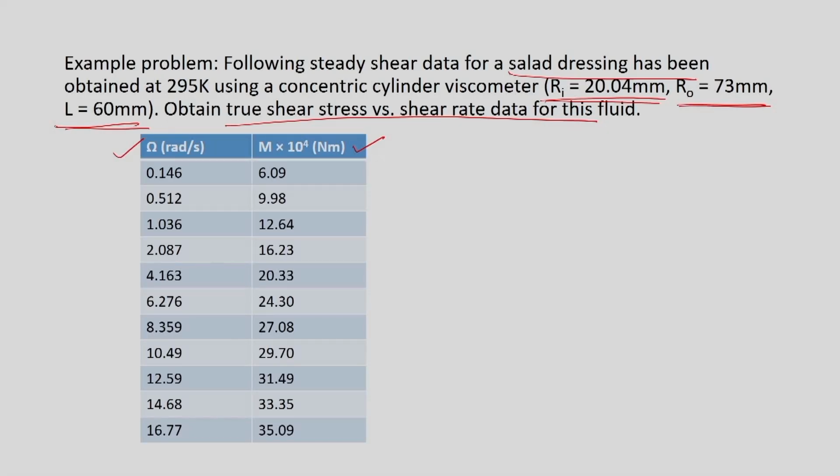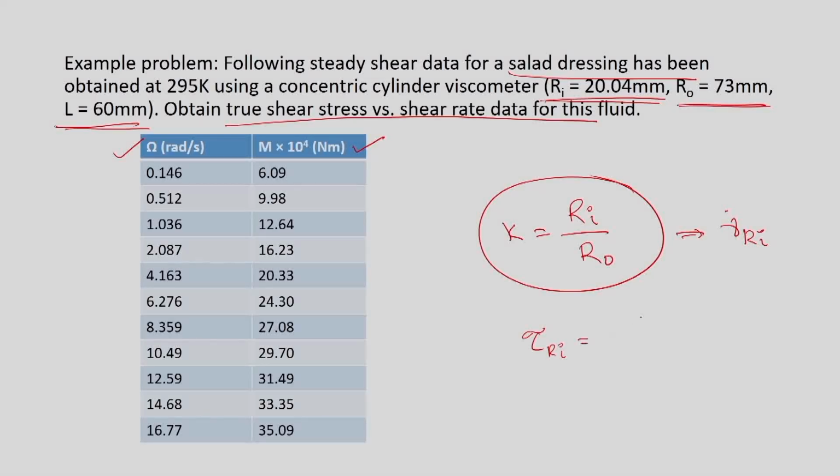So, what we do? We have to first find out the ratio R_i by R_naught, which is k. Accordingly, from this ratio we have to use the appropriate gamma dot R_i expression. Otherwise, the tau R_i expression is anyway the same for all cases, that is 2 M_i by 2 pi R_i square L. Now we do a sample calculation for one point and then the others similarly can be done.